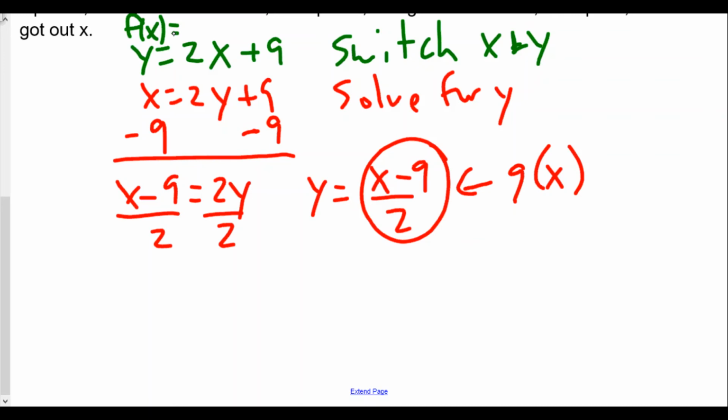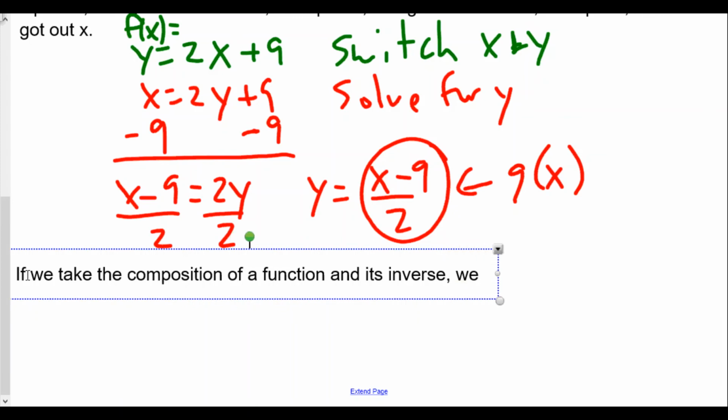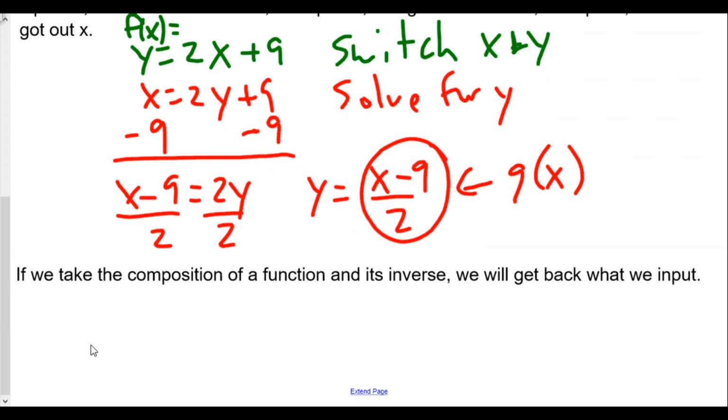So what it comes down to is if you take the composition of a function and its inverse, we will get back what we input. So you plug in x, you get back x. Plug in negative 3, you get negative 3. Plug in 15, you get 15. And so this is the result we have.